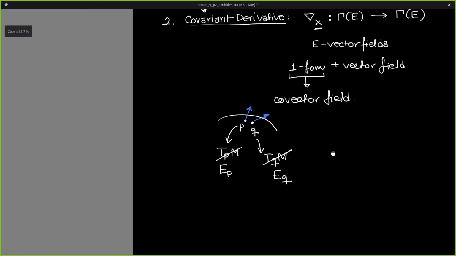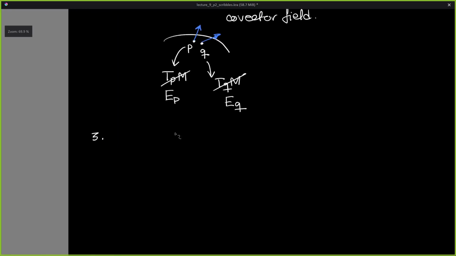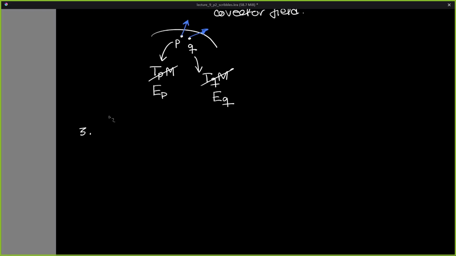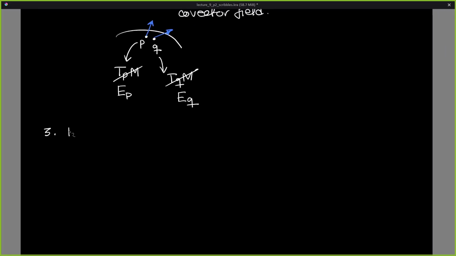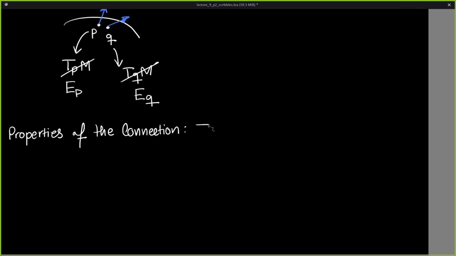And then we looked at some of the properties of the connection, and something that I didn't emphasize enough last time is that the properties of the connection that we looked at were really to show that nabla does behave like a derivative.